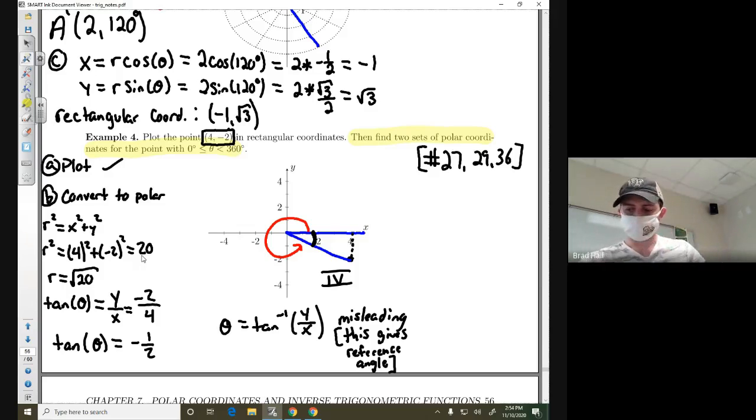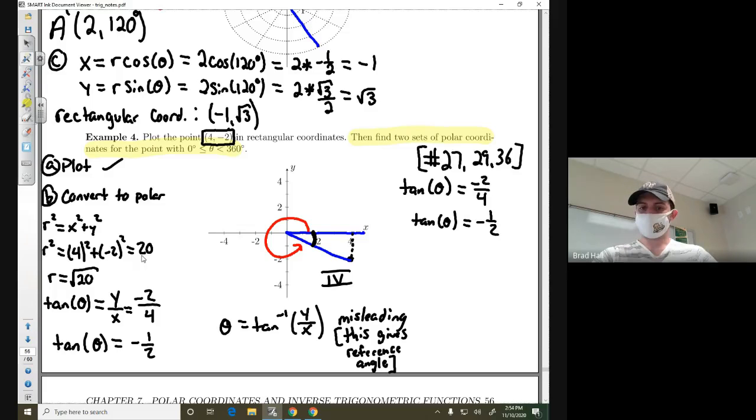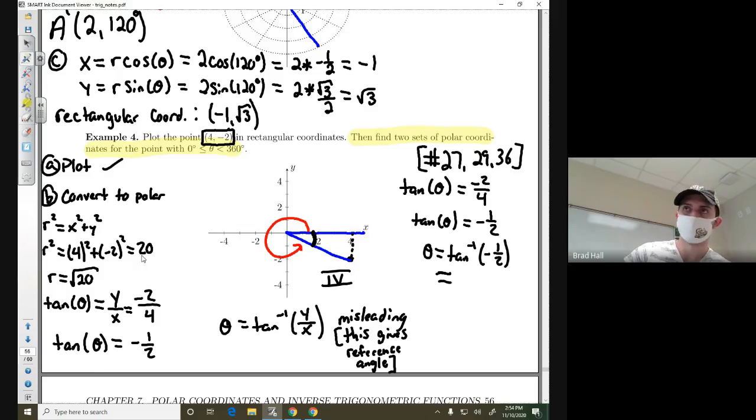To get the angle, they tell you that tan of theta is equal to y over x, which is -2/4. We already figured out that this is tangent of -1/2. We have to remember that by applying tan inverse, this does not give us the final answer, but instead this gives us the reference angle.